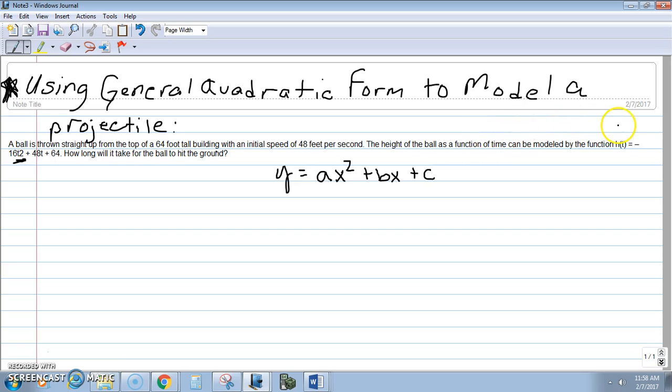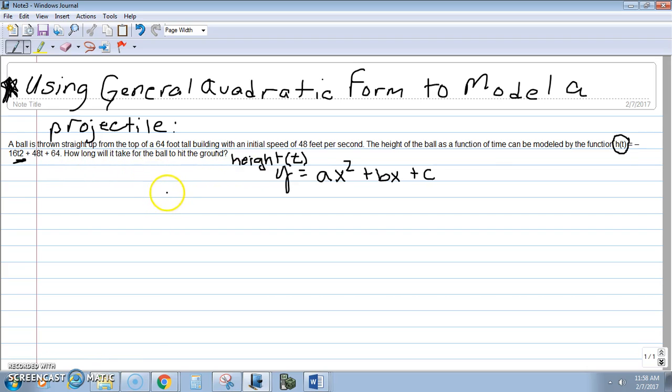This may be freaking some of you guys out, this h of t. That just means height at a given time. So instead of y, they use the height. Okay, so we know that on the y-axis is going to be height at any given time, t. And that's why they use t in the actual formula.